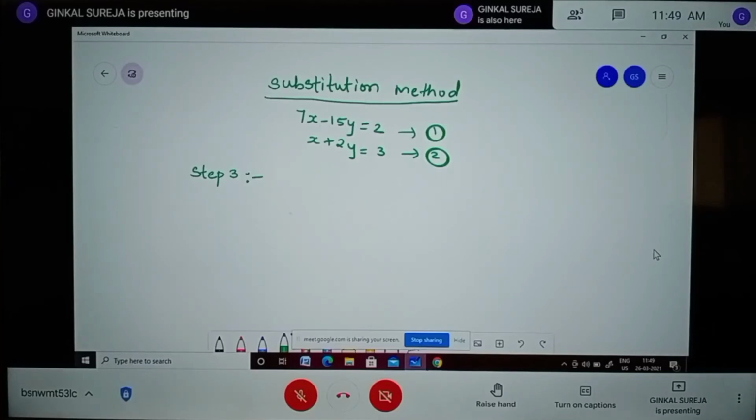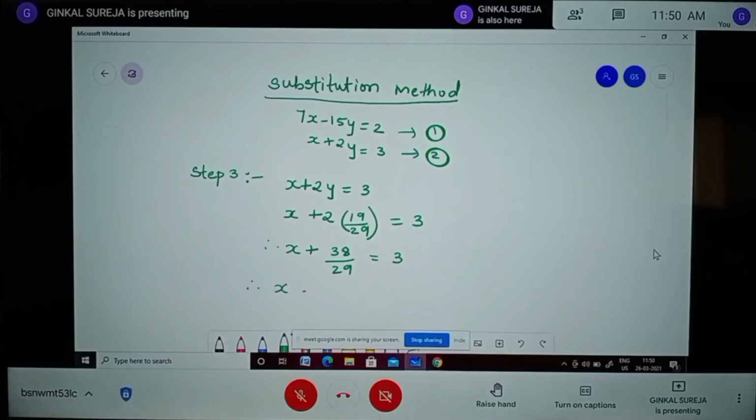I am taking the equation x plus 2y equal to 3, and I am substituting the value of y that I got in step 2, that is x plus 2 into 19 upon 29 equal to 3. Therefore we get x plus 2 into 19, that is 38 upon 29, equal to 3.